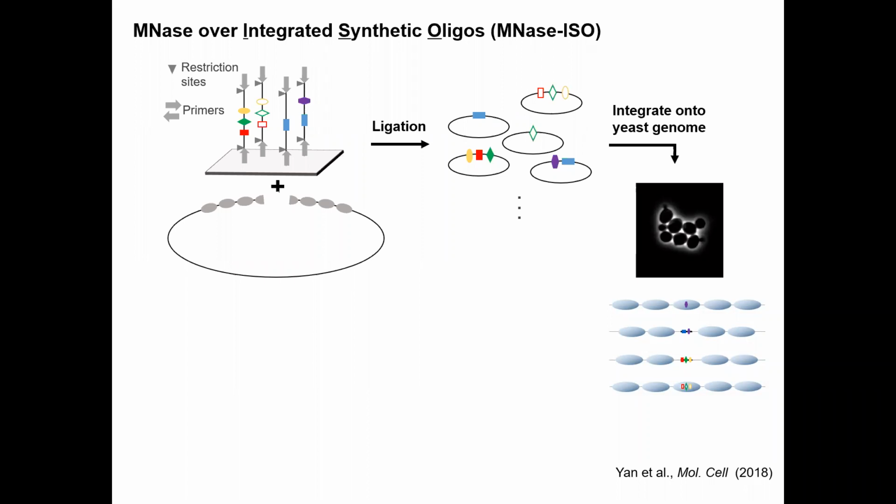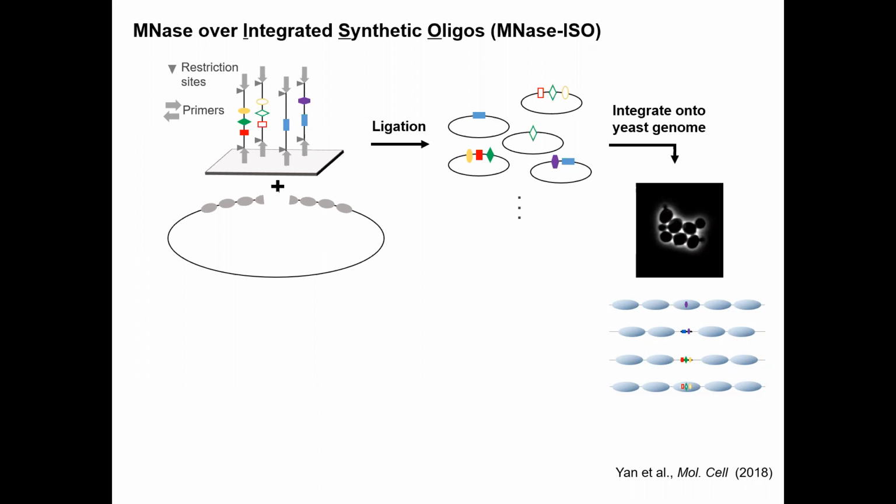So at the end of the day, we get a large pool of yeast library. These yeast all have the same genome background, but at this one particular location, it contains whatever sequence we designed. Some of these sequences will deplete nucleosome, and some of them will retain nucleosome.